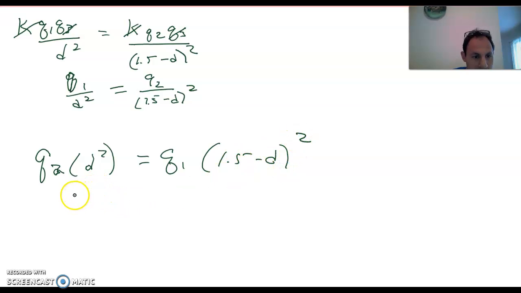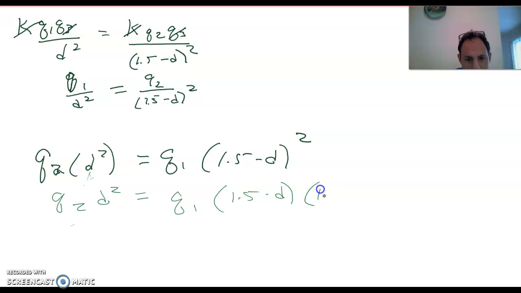All right, so I've cross multiplied, and now I realize I have a polynomial I have to expand. So I got 1.5 minus D times 1.5 minus D, right?